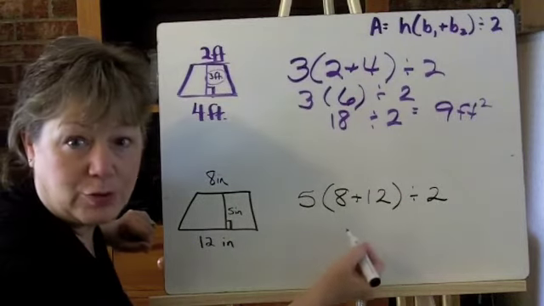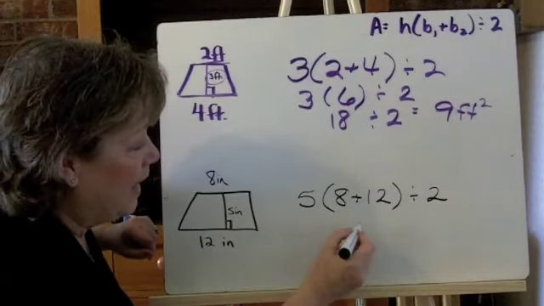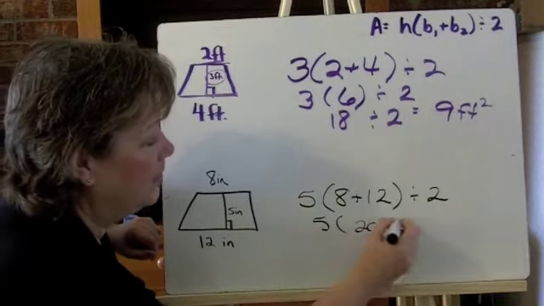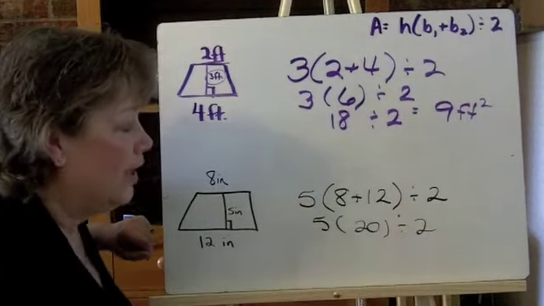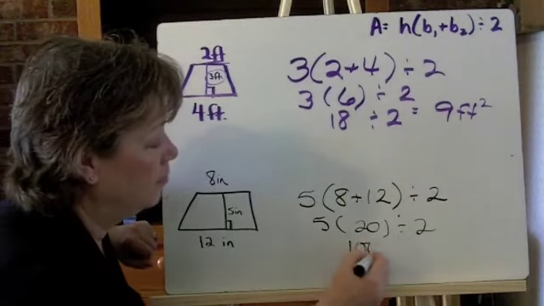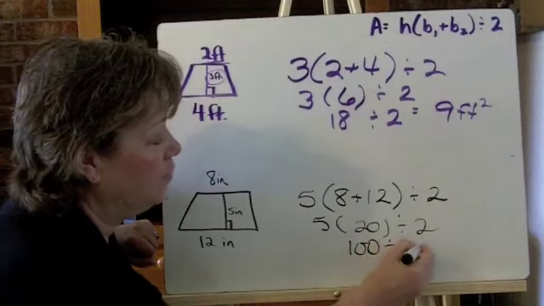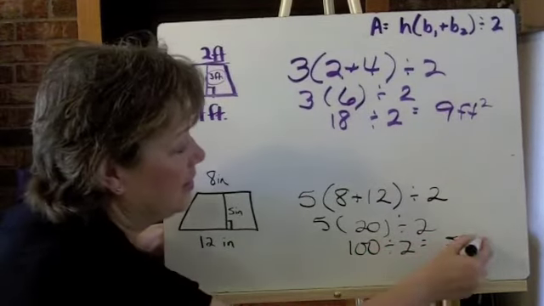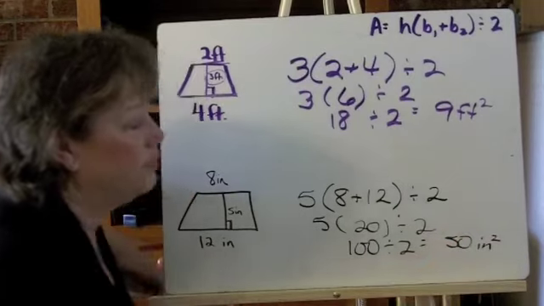So the first thing I do is what's in parentheses, and I get 20 times 5 divided by 2. 20 times 5 is 100 divided by 2 equals 50, and this was inches squared.